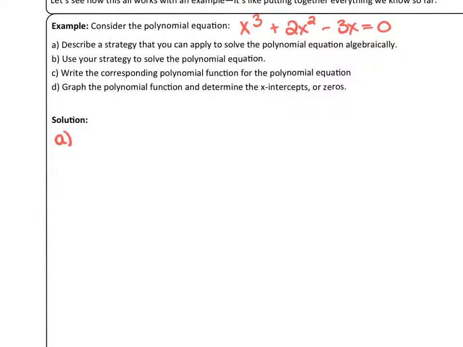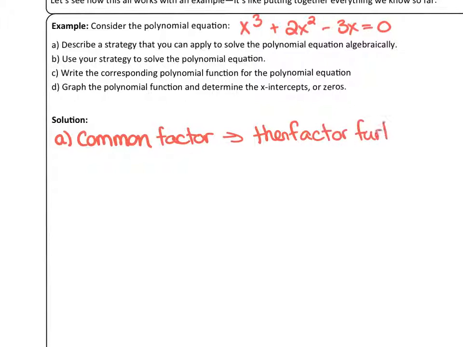So the first thing I'm going to do is common factor, and then I'm going to factor further. I'm going to pull an x out of the equation because all those terms have an x in it. I'm left with x squared plus 2x minus 3.